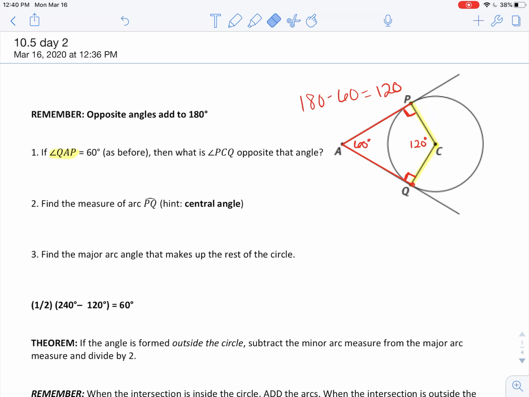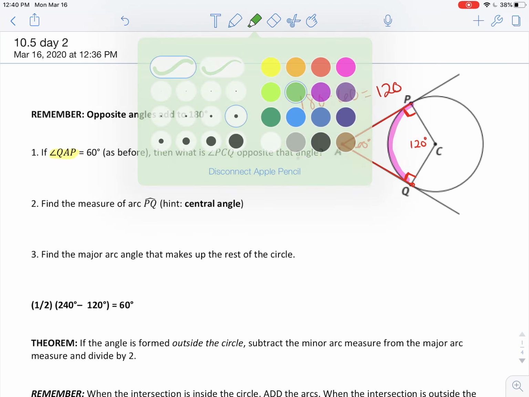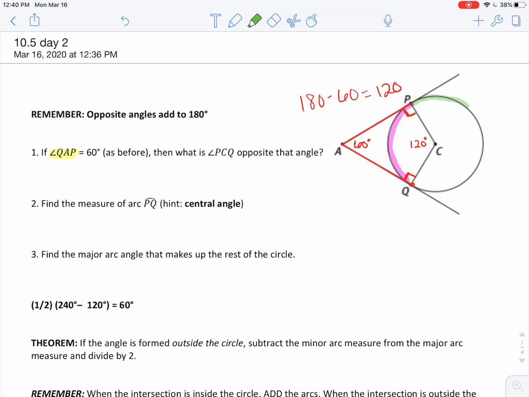Now what we're going to be looking at here is I've got two parts of my circle now. I've got this arc, and I've got the rest of the circle. So these two arcs make up a whole circle. And what is the arc measure, or what's the measure of a whole circle?